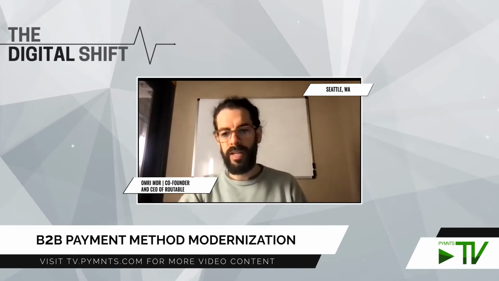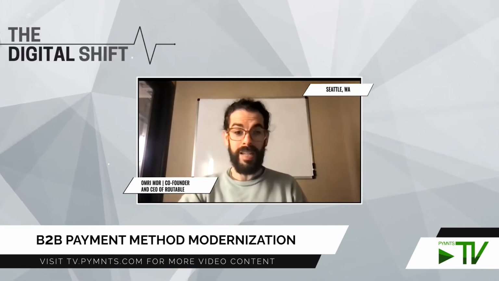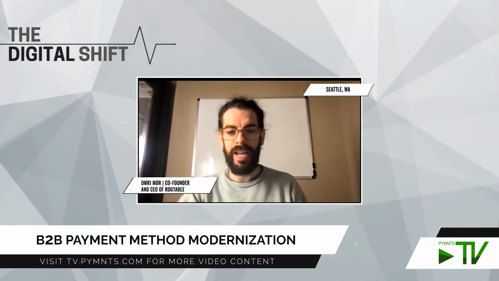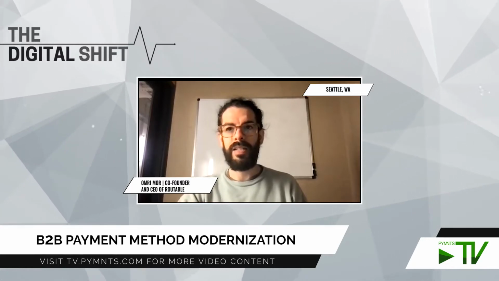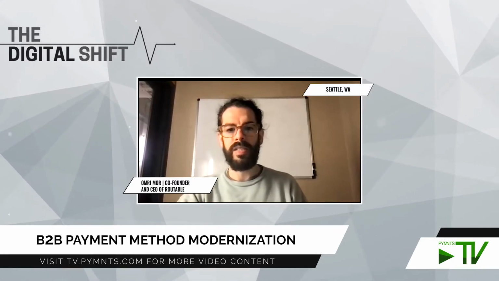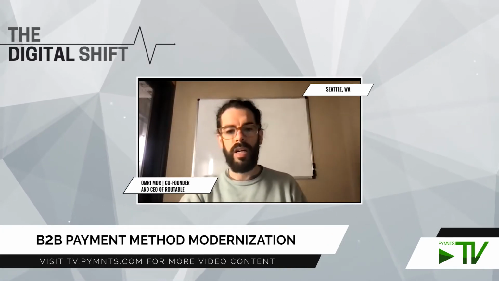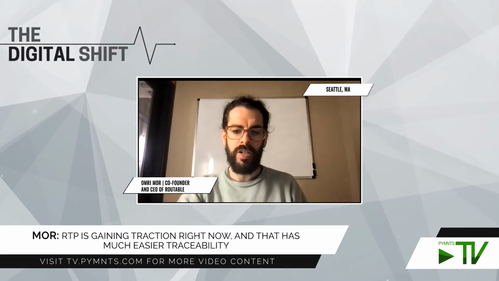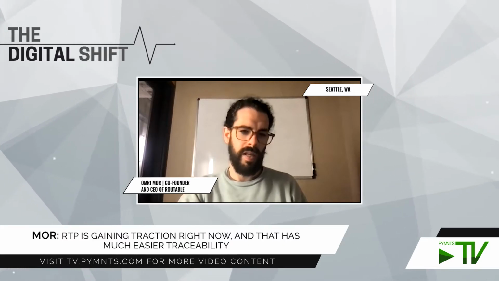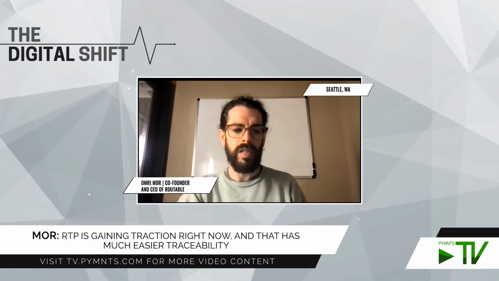And then the other thing is, as we all know, RTP is gaining momentum and traction right now. And that has, I'd say, much easier to scan traceability. And they have an even longer 140 character memo that you can add to each transfer. Utilizing those things is a really key part.